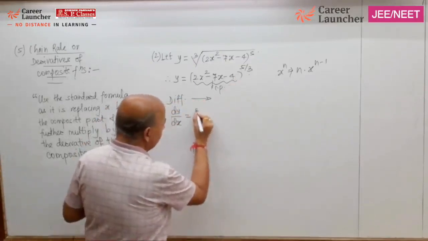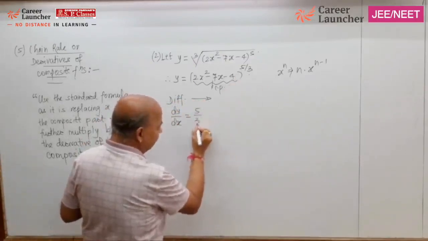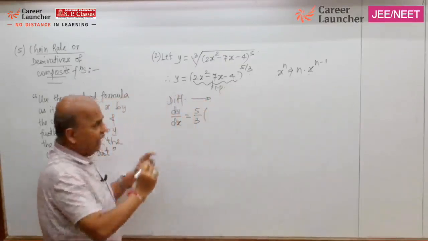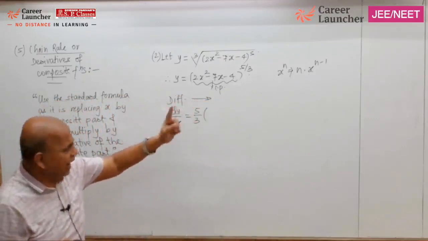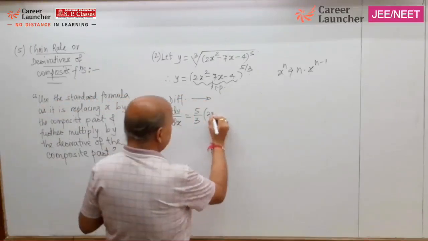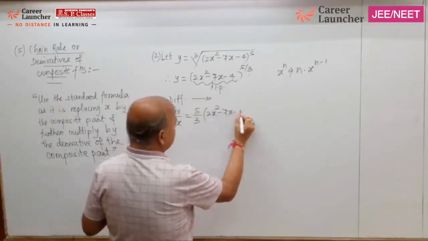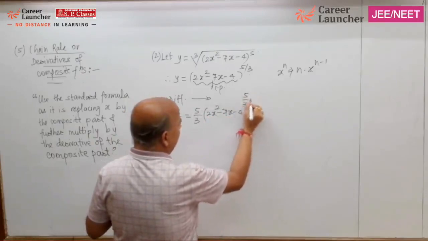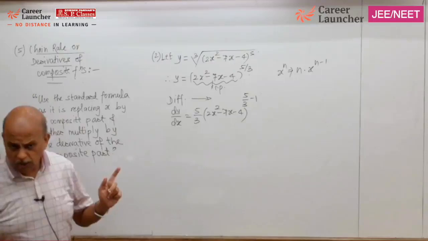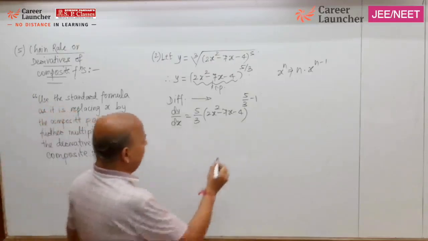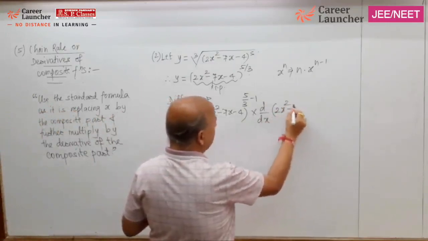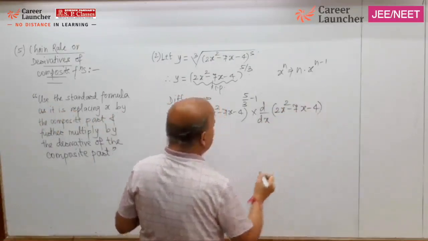So what will you write? 5 by 3, replacing x by the composite part. N will be replaced by 5 by 3 and x will be replaced by 2x square minus 7x minus 4, bracket raised to 5 by 3 minus 1. Yes or no? But that is not all, you know very well. And further multiply the derivative of the composite part. So you get the final answer.